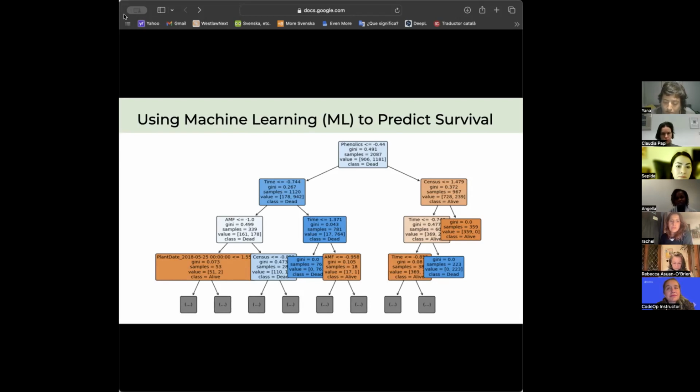So we shall go to the left, the orange one. Census is the number of times when the test was done. So the Gini, which is the quality of the split, is 0.37 for the first one, and it has 967 samples, and all of these are alive.